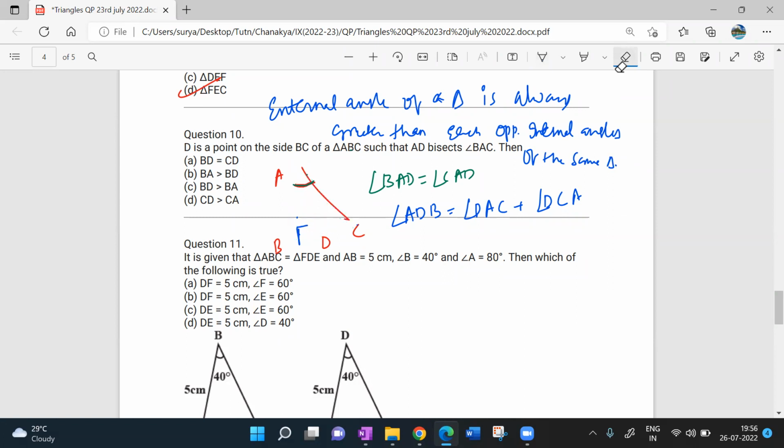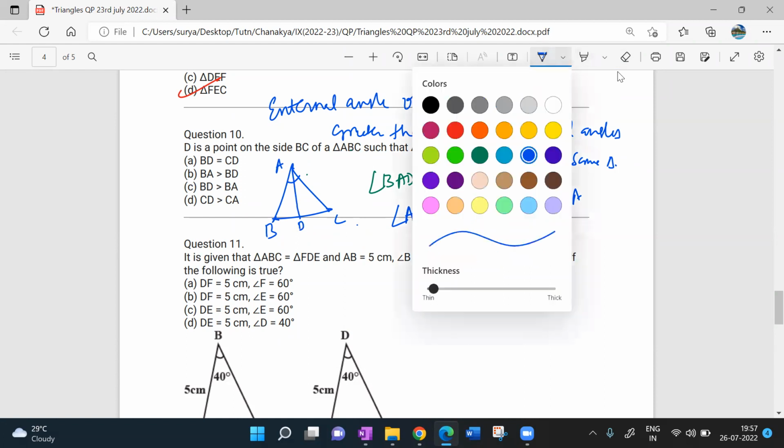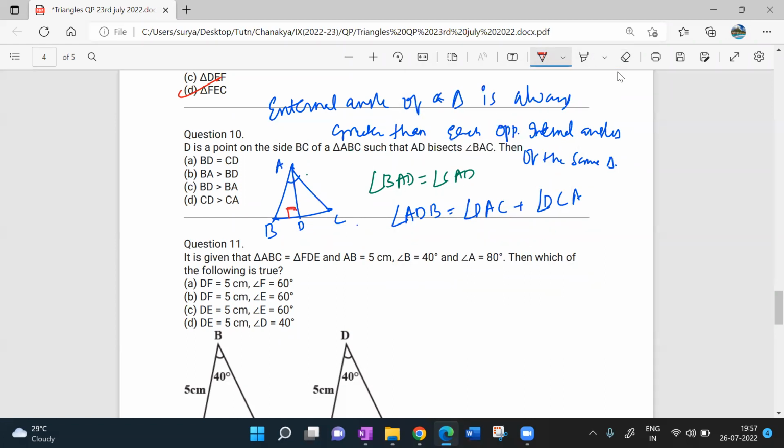Now what I'm trying to say here is, everyone listen to me. This is triangle ABC. This is the perpendicular bisector, and AB is the greatest side. Now ADB is equal to the sum of DAC and DCA.